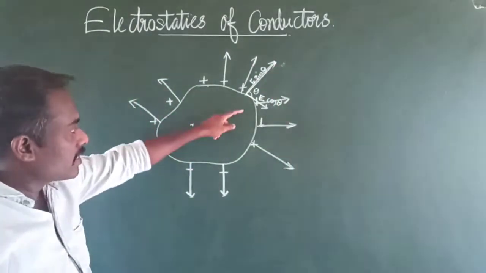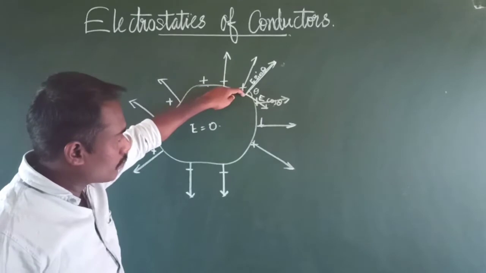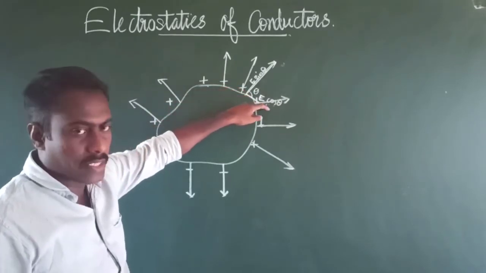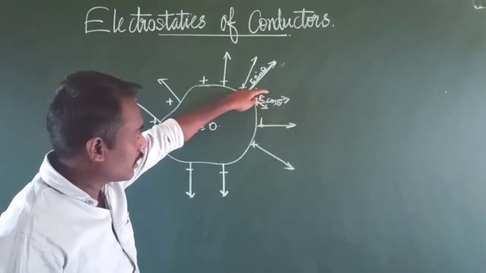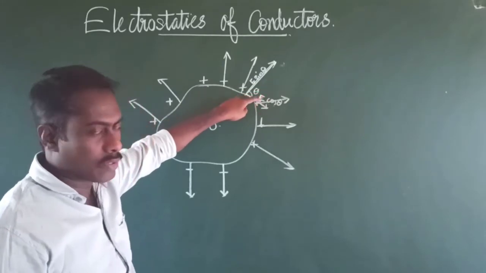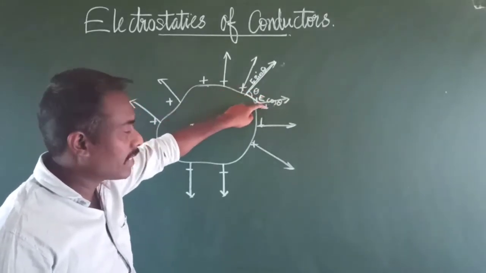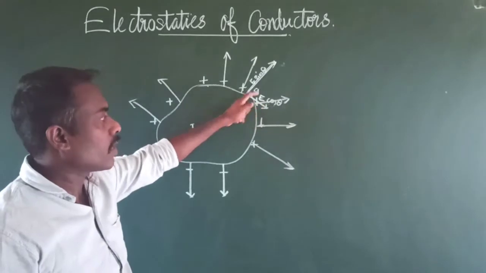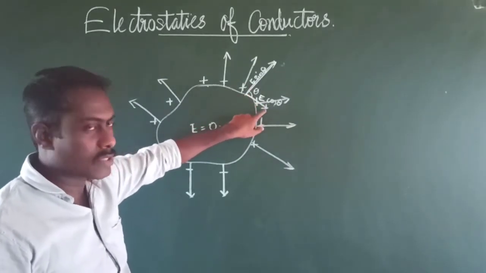The component along the surface of the conductor must be zero. At what condition can this component become zero?